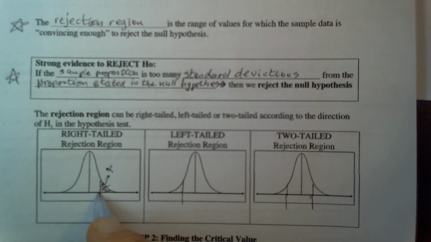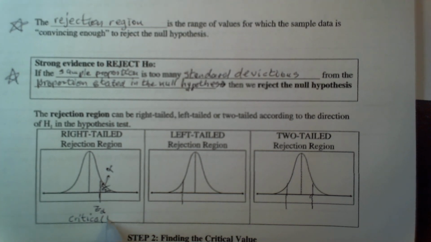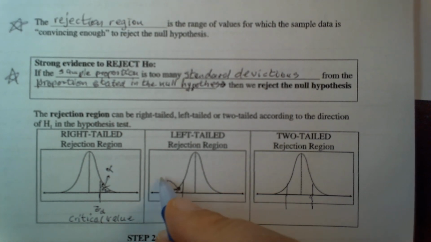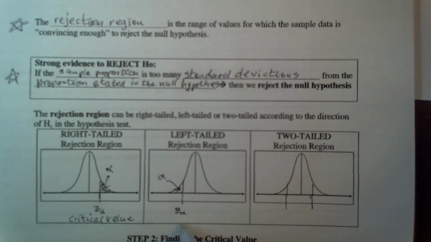The value here along the horizontal axis is z sub alpha, and that is the so-called critical value. Similarly, for a left-tailed distribution, this area here is alpha. This is z sub alpha, and that's also, again, the critical value.